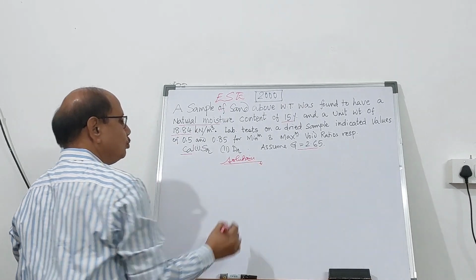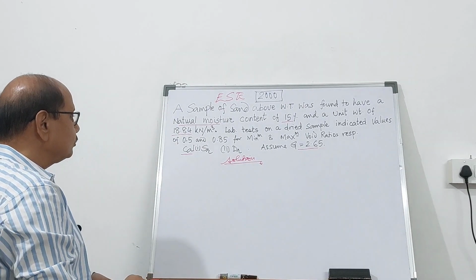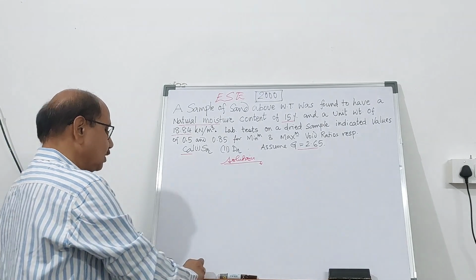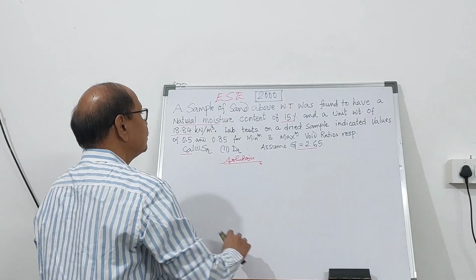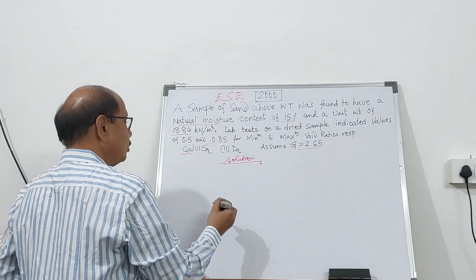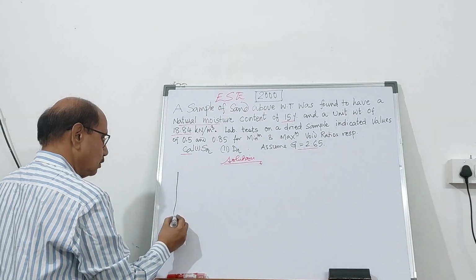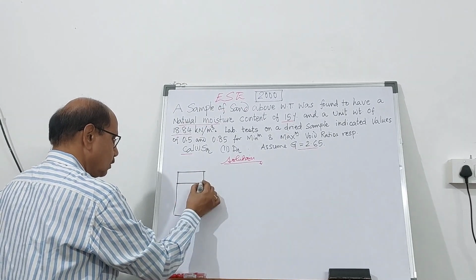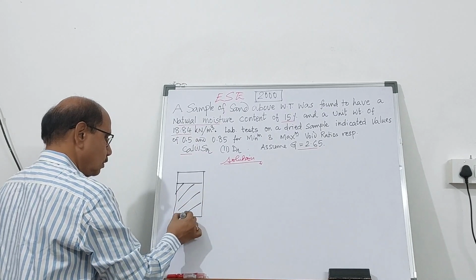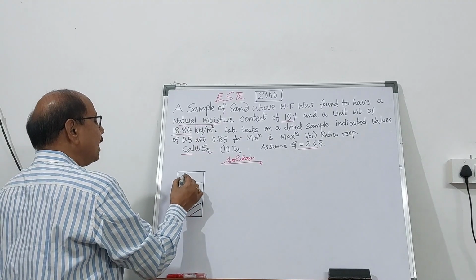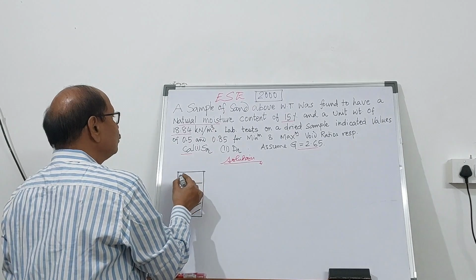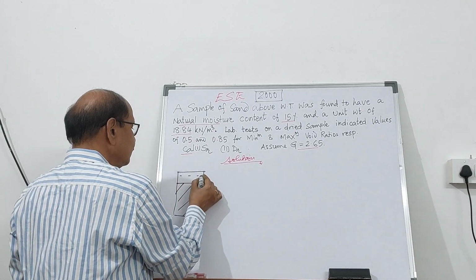If you look at the solution of this problem, a sample of sand above the water table was found to have a natural moisture content.